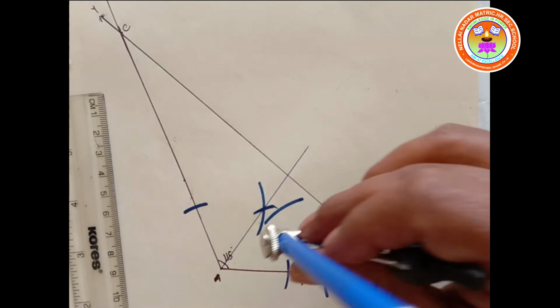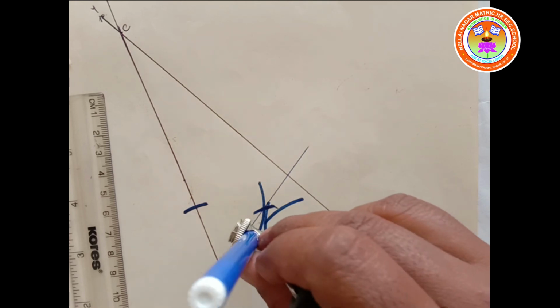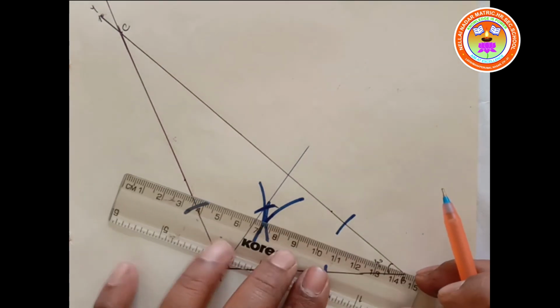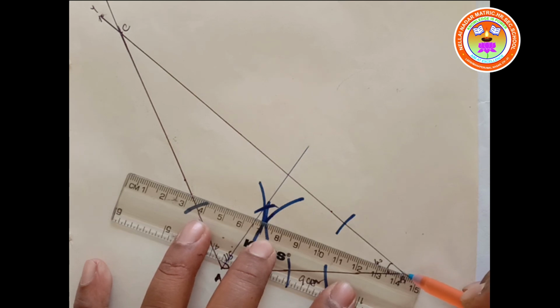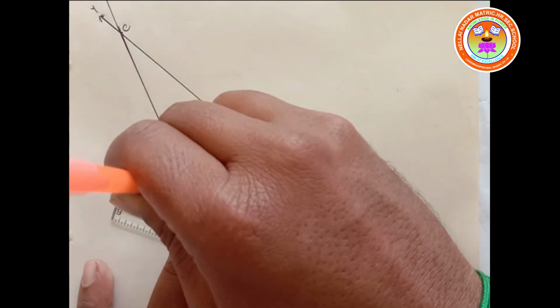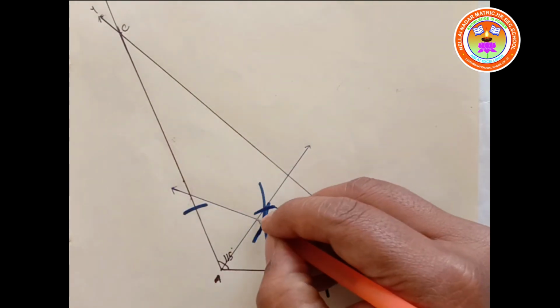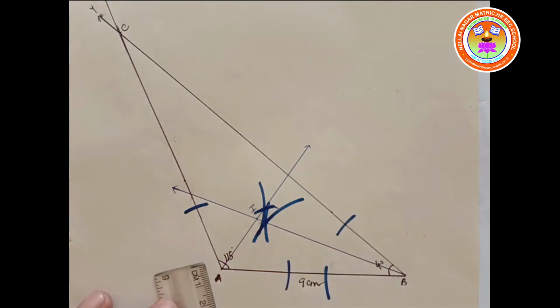With the help of scale, draw another angle bisector from B. Both the angle bisectors intersect at the point I. It's clear, children?